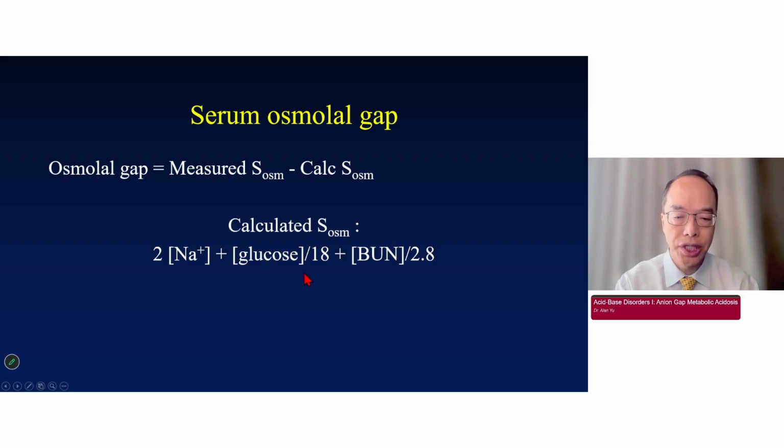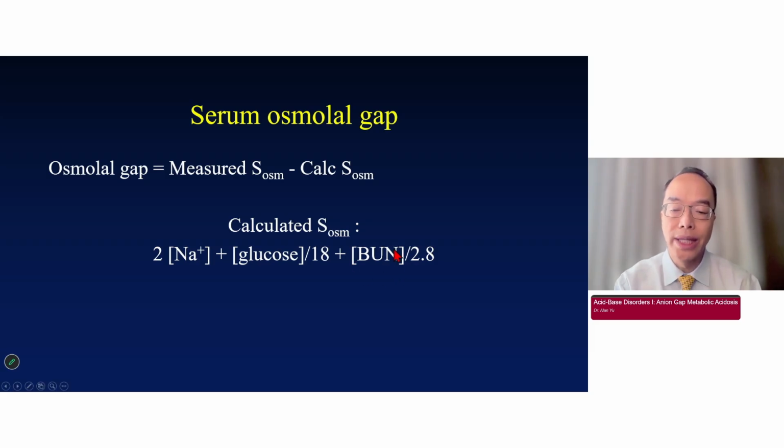Glucose concentration divided by 18. So at least in the US, glucose is commonly measured in milligrams per deciliter. The molecular weight of glucose is 180, so we divide by 18 to convert this to millimoles per liter, because every millimole per liter of glucose contributes a milliosmol per liter of osmolality.